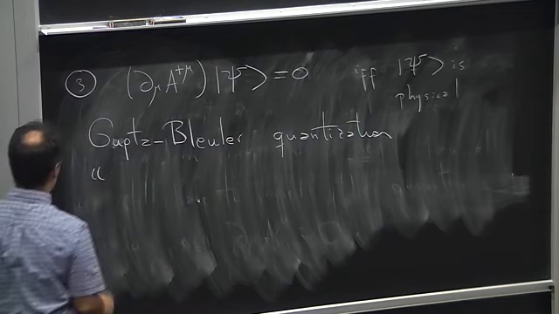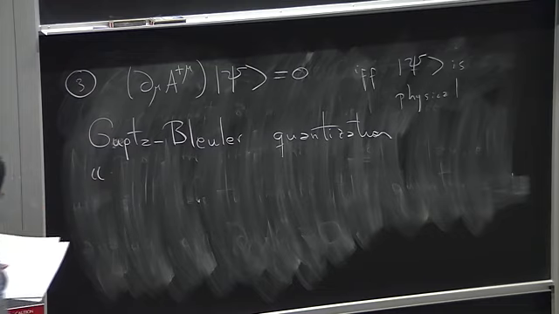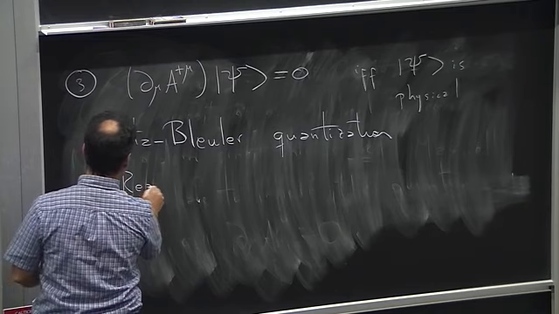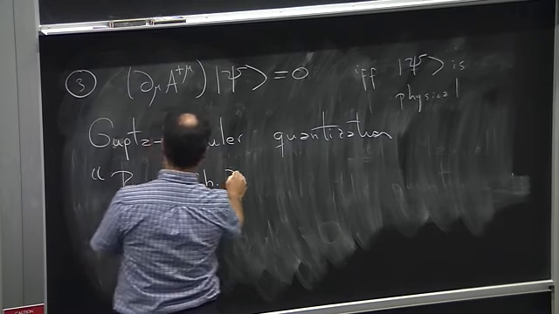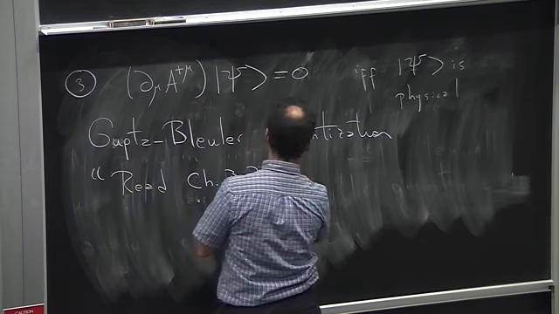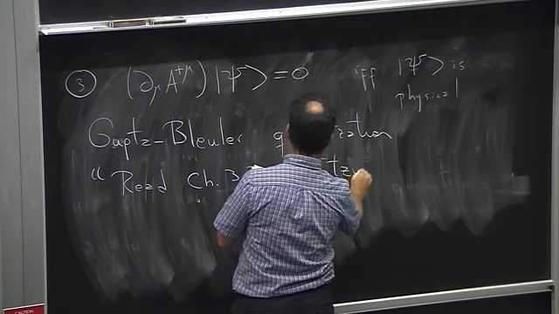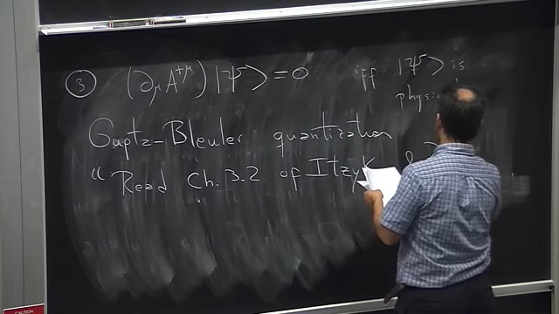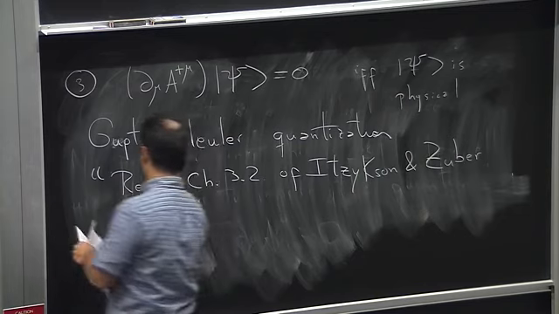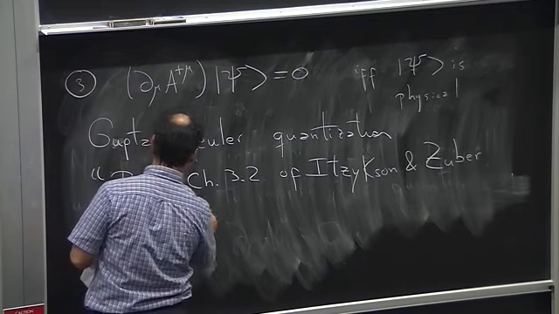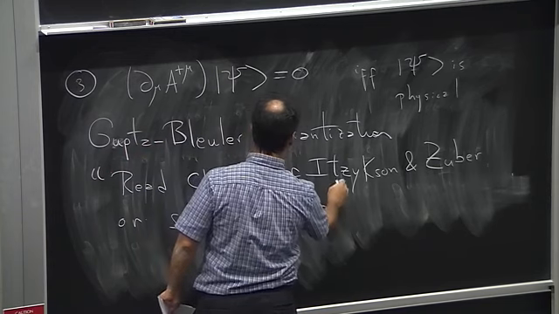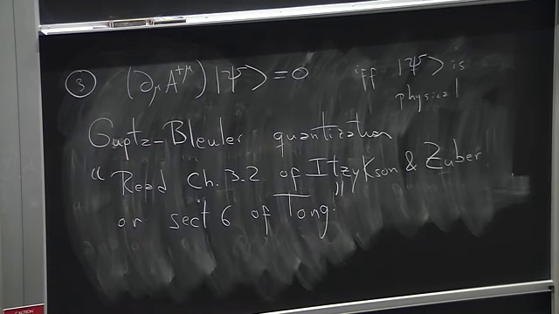Here is one of these quotation-mark exercises, which is to read chapter 3.2 of Itzykson and Zuber, or section 6 of David Tong's lecture notes, to see how the whole procedure is done, okay?